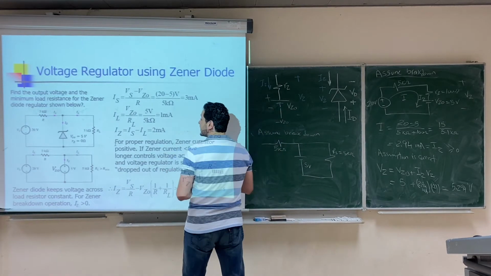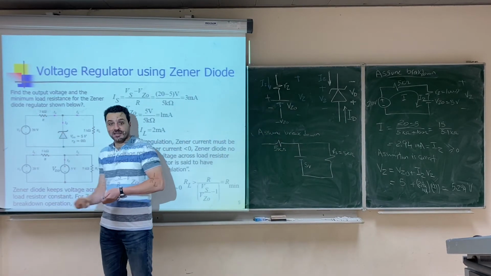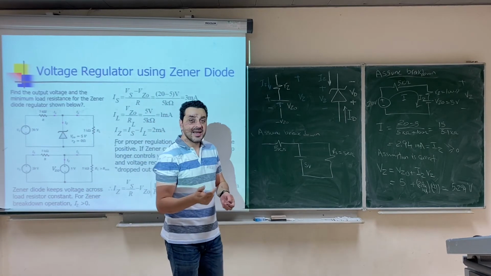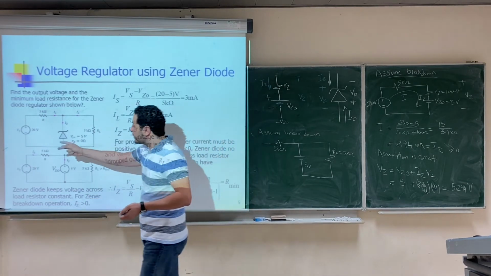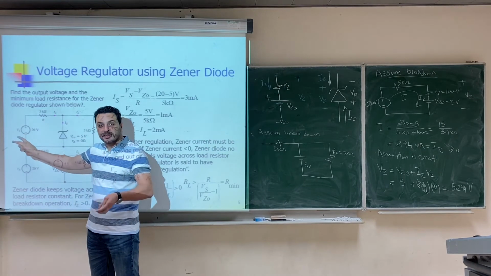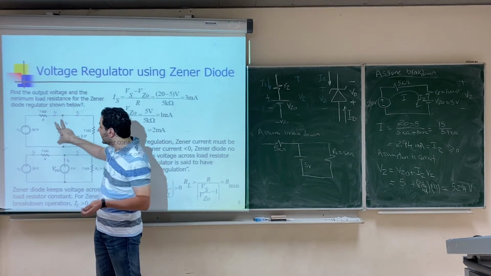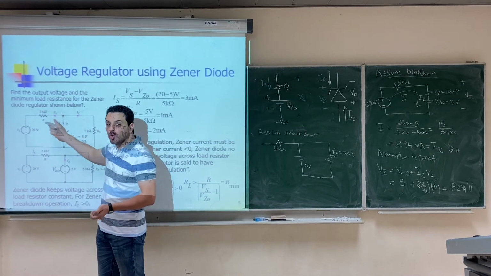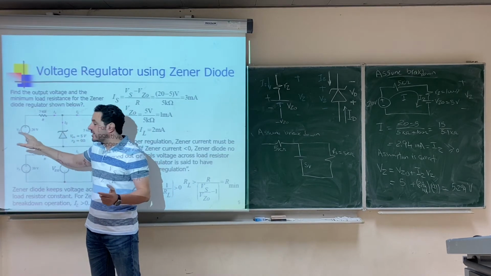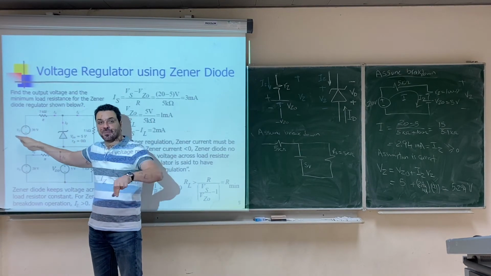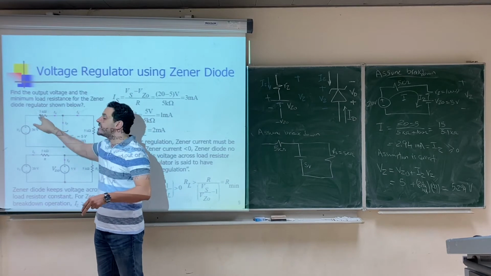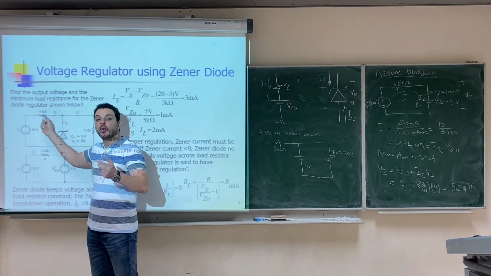And then this resistance also is very important. It has to be there in the circuit. Why is that? Because if the source voltage fluctuates, goes up or down, and you need here a constant voltage, who will take the difference between this voltage that is changing up and down and this constant voltage? The resistance here will take the difference.